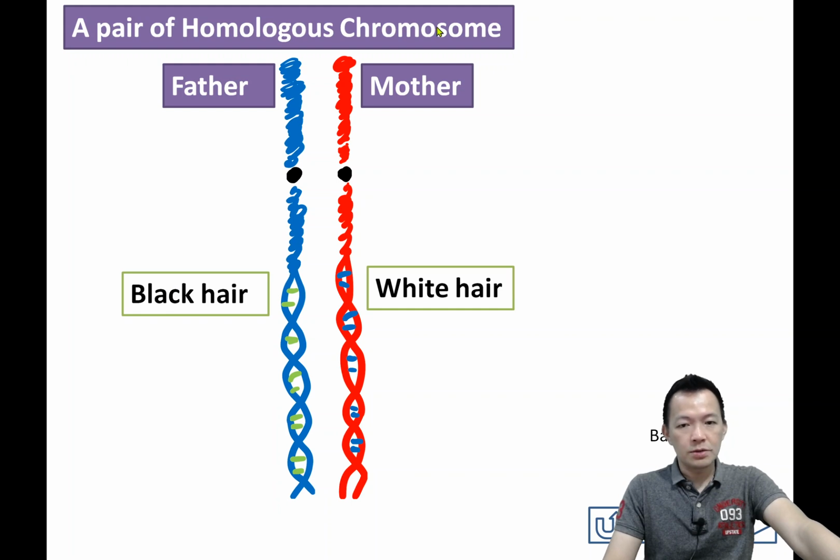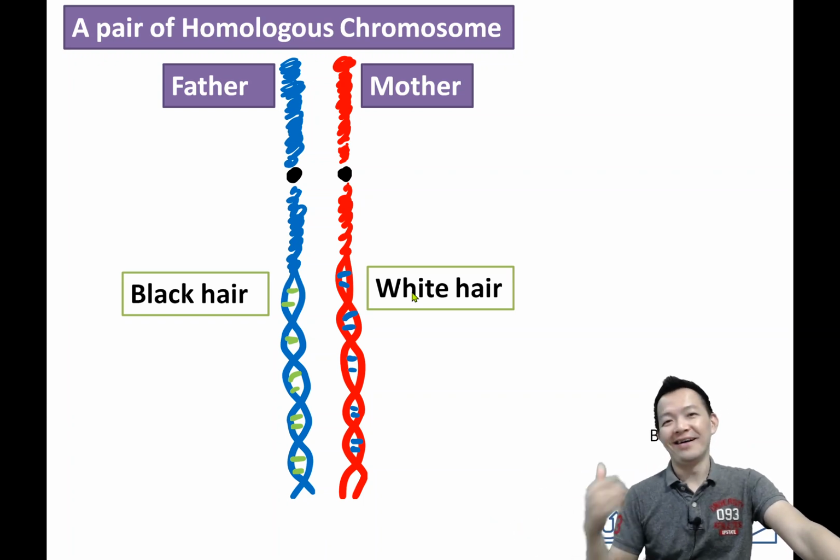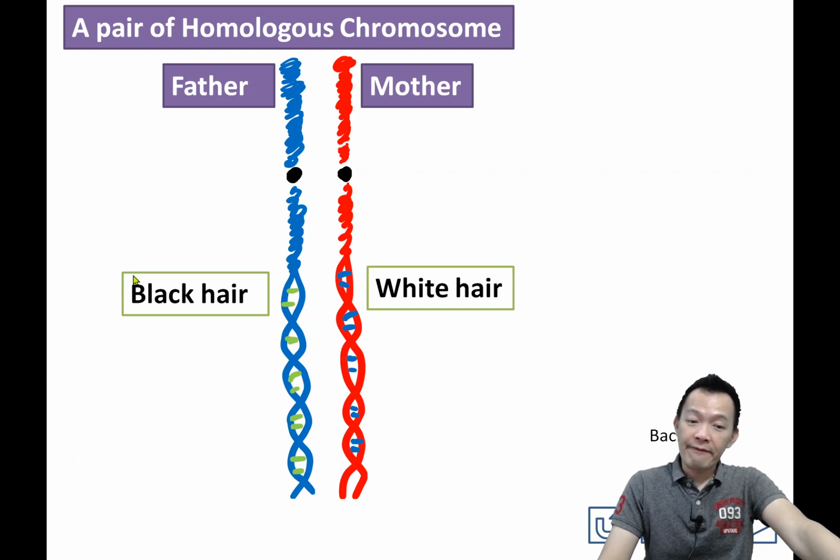So your father is Asian and your mother is Caucasian. When your father is black-haired and your mother is white-haired, can you tell me what happens to your hair? Can you become gray? I don't think so. I have never seen a person with gray hair from this. Black and white, you have to choose only one of them.